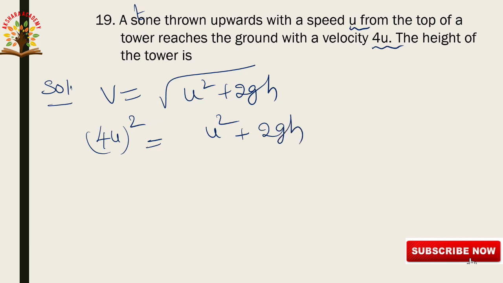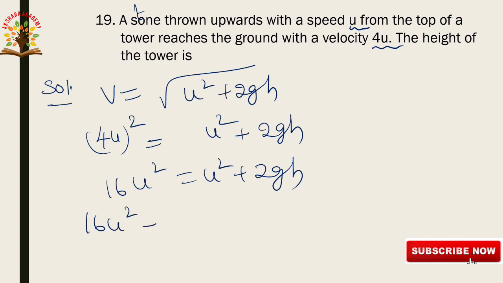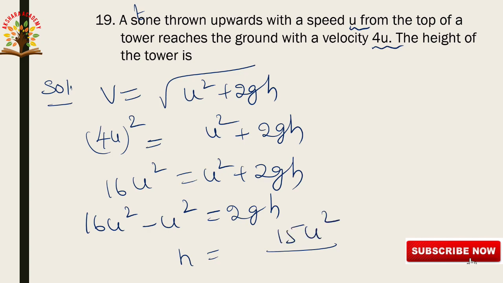4u whole square is 16u square, which is equal to u square plus 2gh. 16u square minus u square is equal to 2gh. So h is equal to 15u square by 2g.